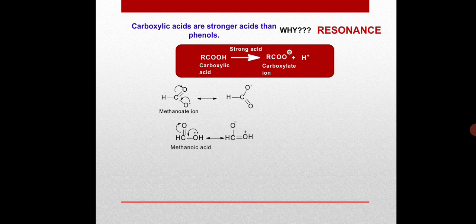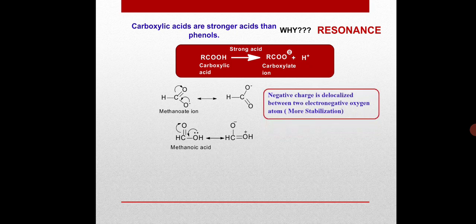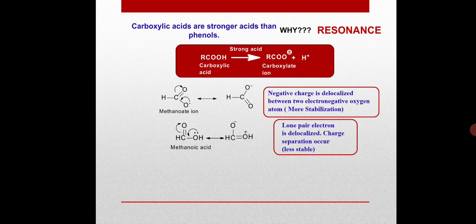Methanoic acid or formic acid can also undergo resonance, where the lone pair of electrons on the oxygen resonates with the carbonyl group. But here there is a charge separation, and the resonance structures of methanoic acid are less stable than the resonance structures of methanoate ion.